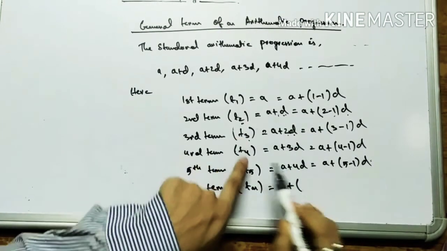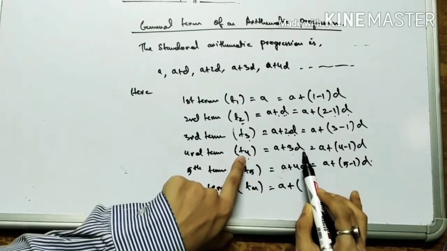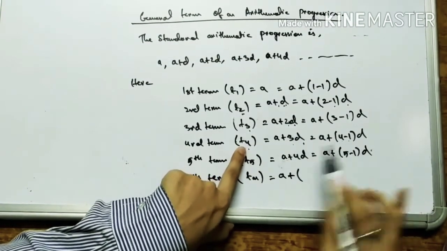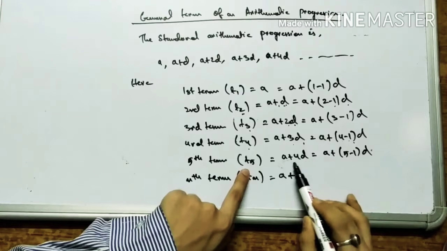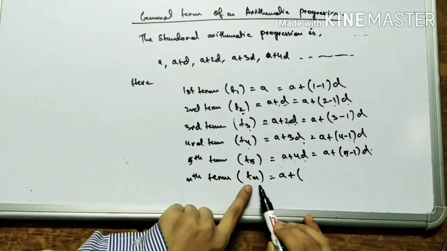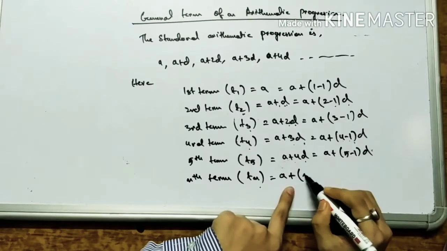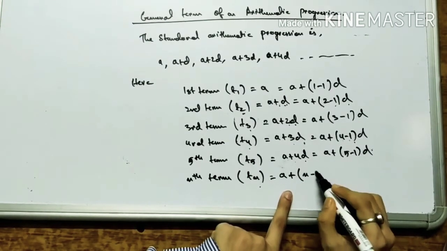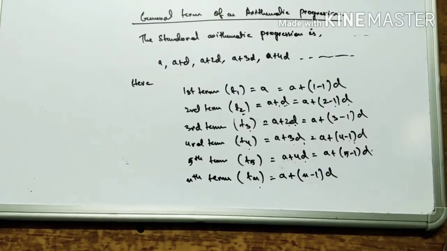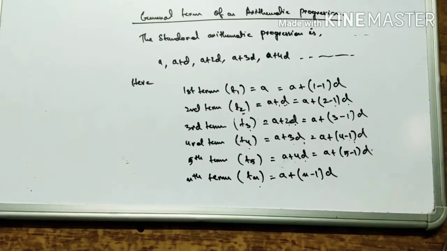Term number is 4, 3 is multiplied with d. T5 is a plus 4d. So Tn will be a plus n minus 1 d. Understand?